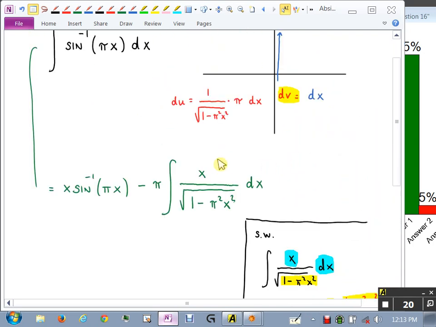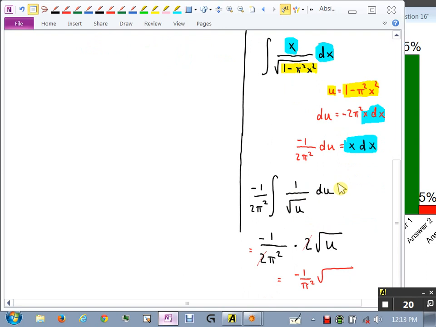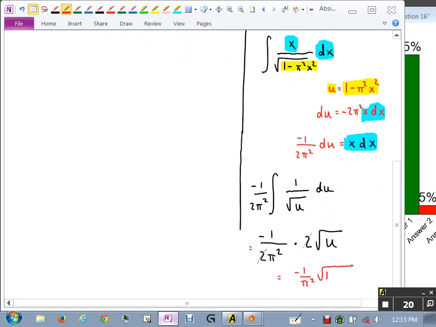The u that we chose is not the u we had up here. The u we chose here was 1 minus pi squared x squared. That expression in the bottom right-hand corner replaces the integral in our integration by parts formula. That is the antiderivative.